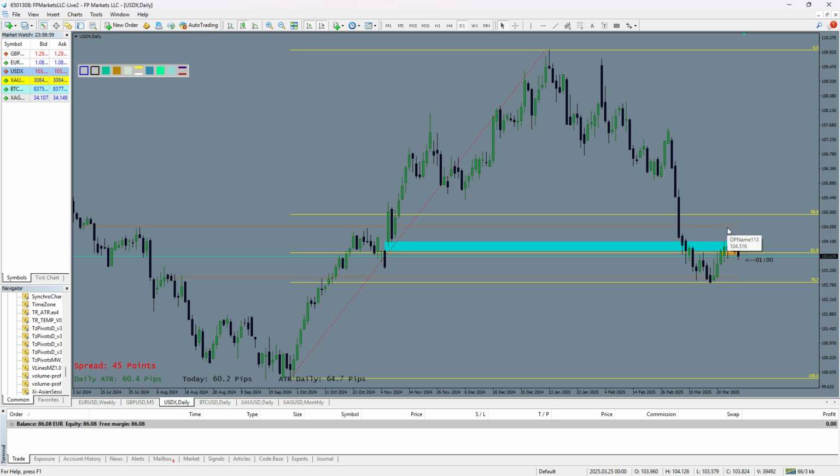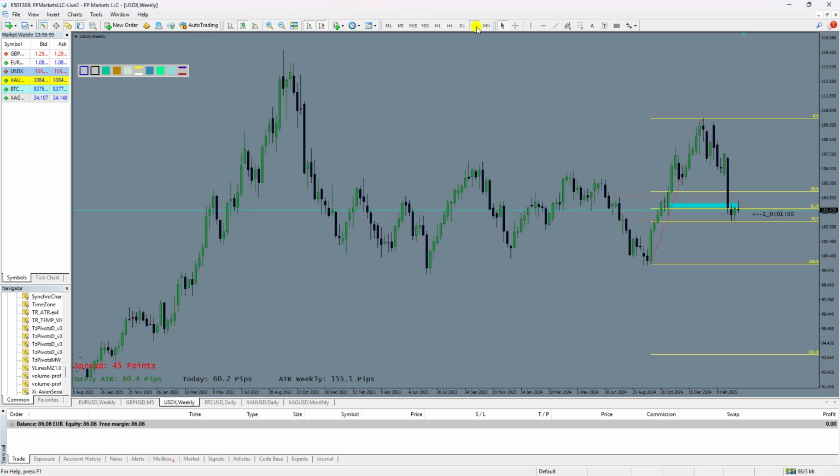So you see that here we had a high, we had a low, which is a lower low, and we have got to this area, which is the 71% retracement of the big rally. So everything is pretty much ready to start another rally.